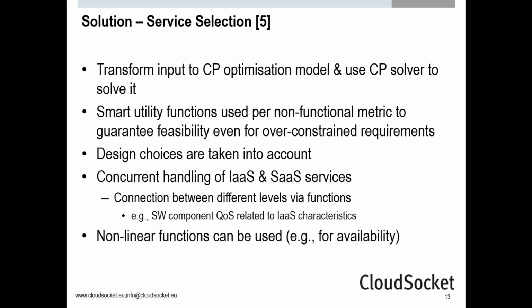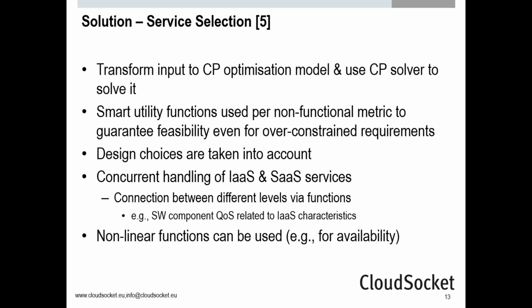In addition, we are able to concurrently handle the IaaS and SaaS service selection, so we cater also for the dependency between these two levels, and this involves the use of different functions which connect the different levels together. If we deploy a particular component on a certain IaaS service, then we are able to infer the quality of service of that component, and then it will also influence the SaaS service selection.